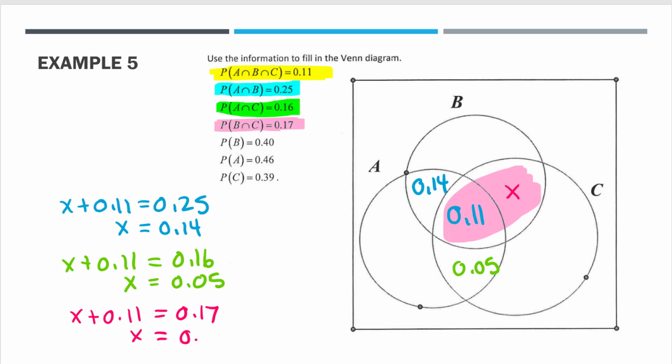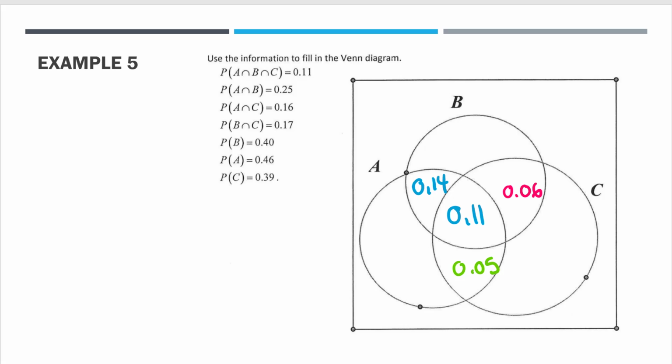To get x by itself, it's 0.06. Now let's move on to the events for all of A, all of B, and all of C. We'll start with the probability of B. So the entire event B has a probability of 0.4.